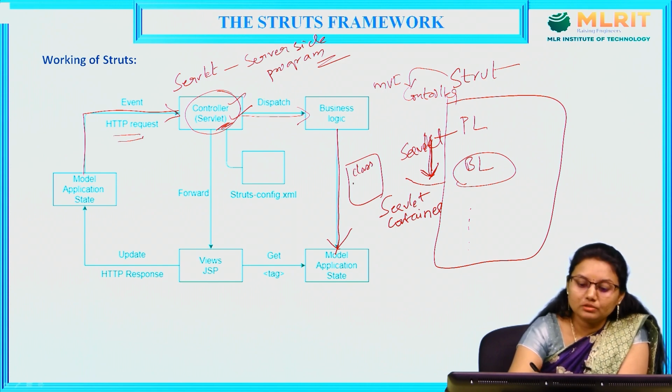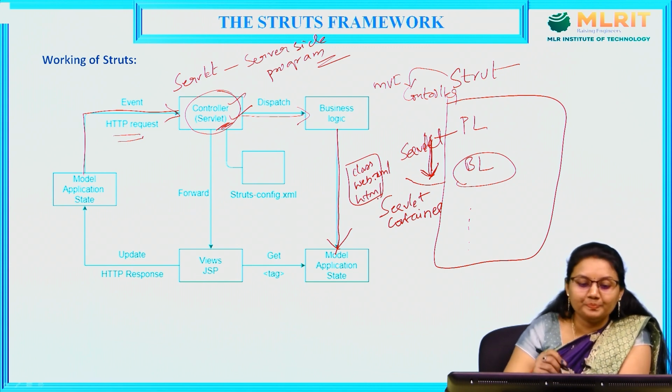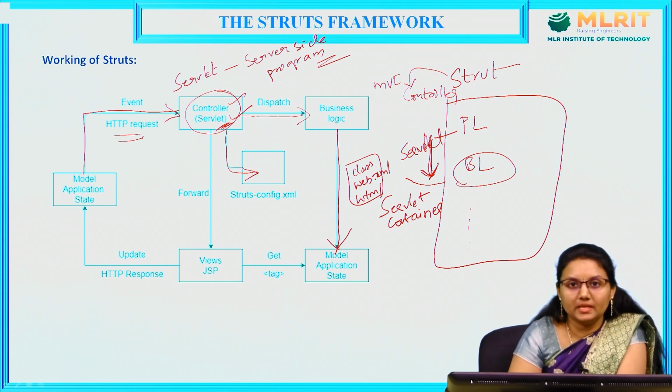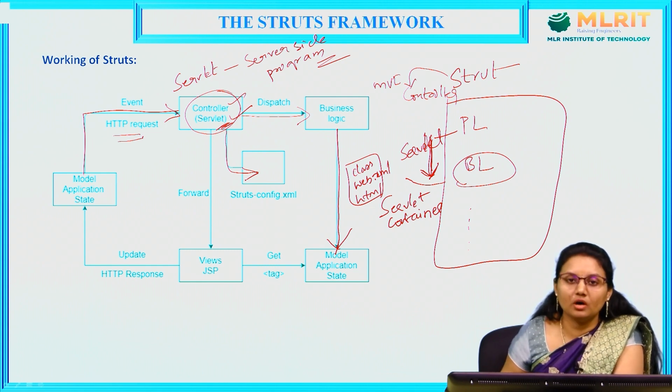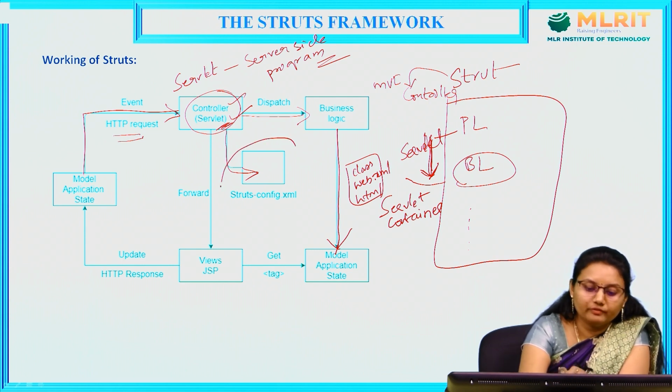Then you also need web.xml, which is a configuration file, and also your HTML part, if any, based upon the application. Then this controller will take the struts config XML, which will configure everything to integrate your HTML, your Java beans, your JSPs, or any Java program, or your servlet side. So it is the configuration file.